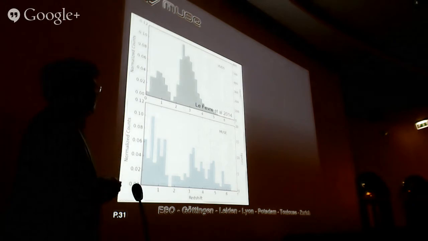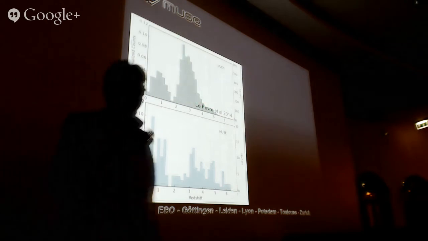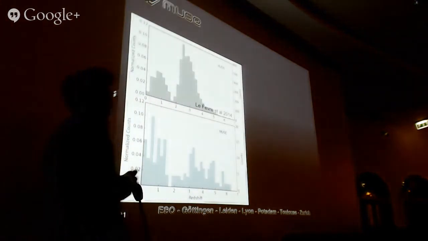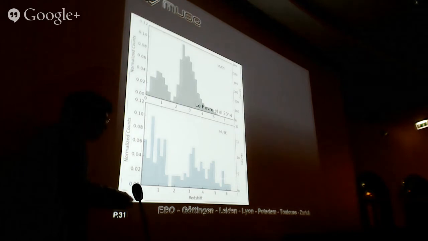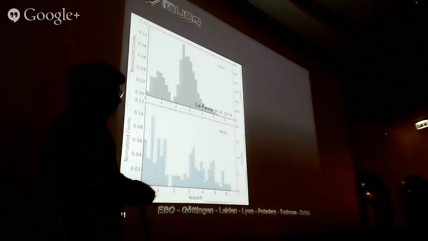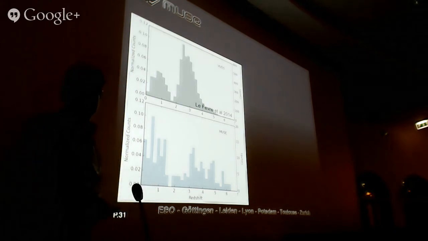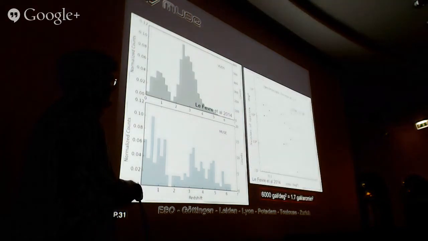So that's the multi-object spectroscopic redshift survey that really deals with this population of relatively bright galaxies at intermediate redshift. But here the redshift distribution is much flatter, and of course we found many high redshift galaxies. The thing also is that VUDS is, according to the authors, one of the most dense.